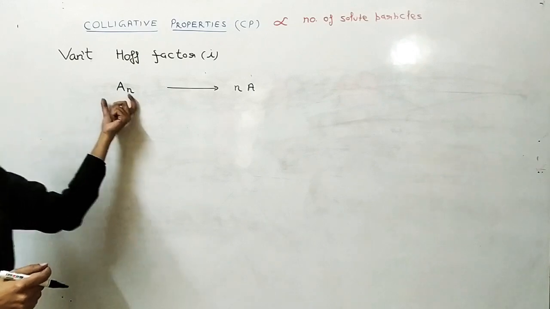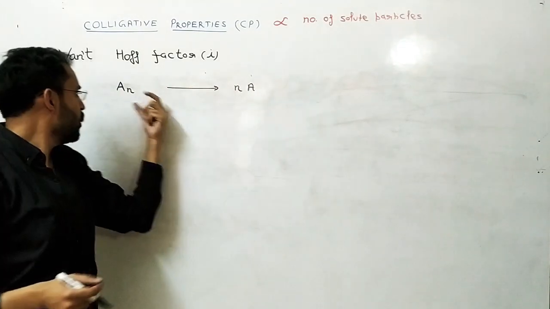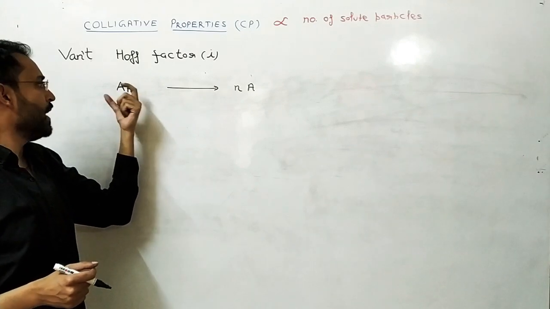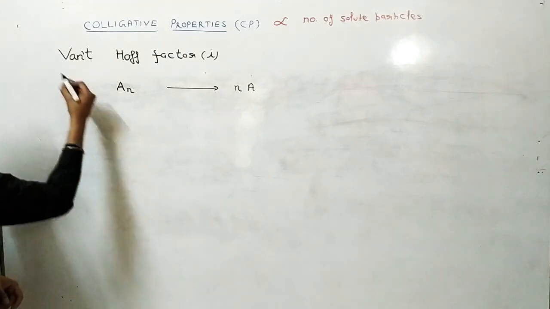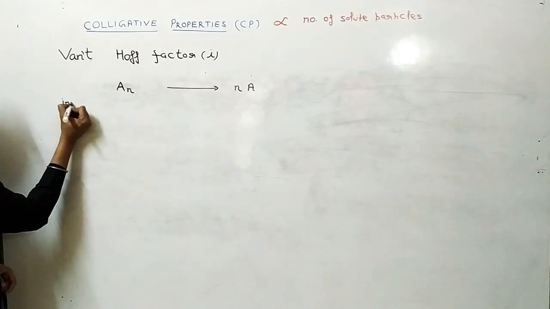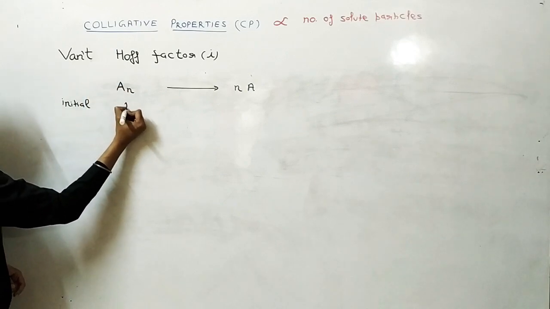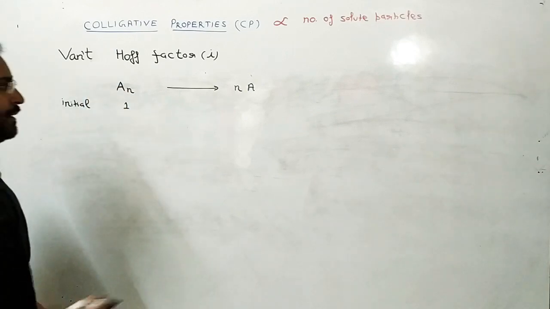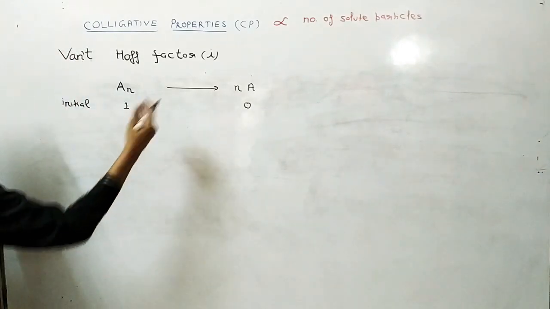For example, A2 dissociates into A and A. N molecules or N parts of A join to form An. Initially, let us suppose we are starting with 1 mole of this An. We have 0 moles of nA.